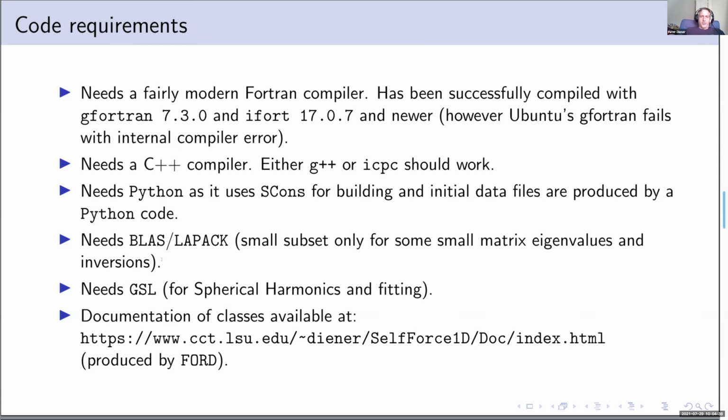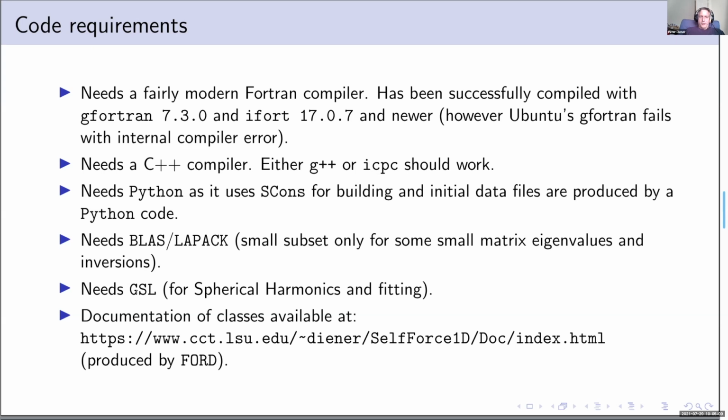With regard to libraries, it needs BLAS and LAPACK, but only a very small subset of those routines, essentially for some very small matrix eigenvalue calculations and small matrix inversions. So nothing that really requires high performance.